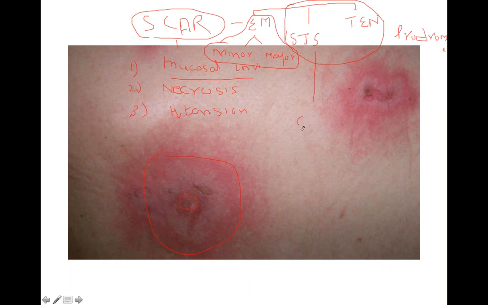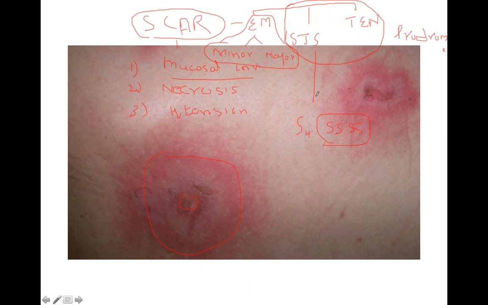There is something called SSSS, staphylococcal scalded skin syndrome. This looks like toxic epidermal necrolysis, but in SSSS there is no prodrome. This way you can differentiate. Very important. Coming back to Stevens-Johnson syndrome, two or more mucosal surfaces are involved, and the patient has a prodrome, plus skin involvement.